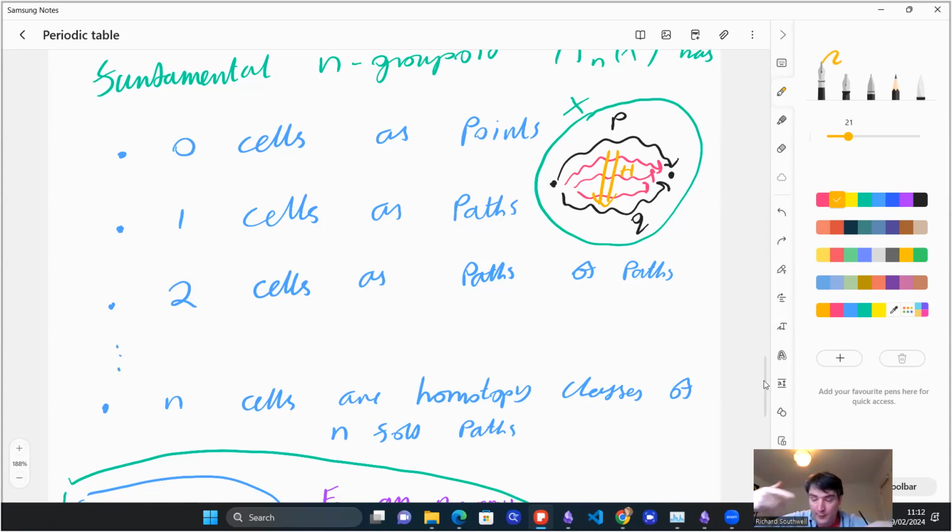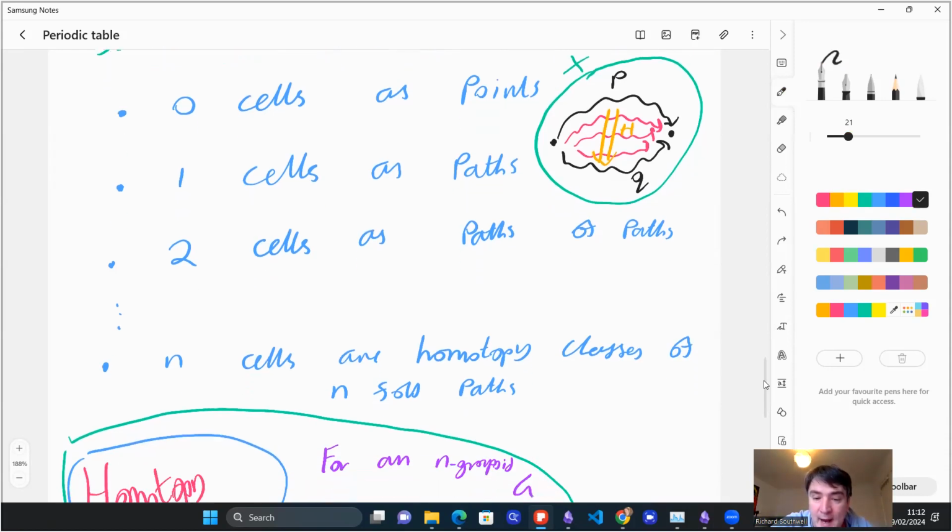But if you have a torus, then some paths from A to A couldn't be continuously deformed to other paths from A to A. Like if you have a path around the rubber ring of a tire, that kind of part of a torus.